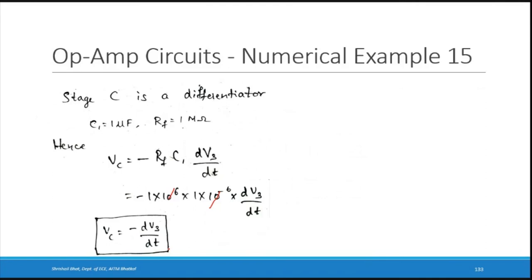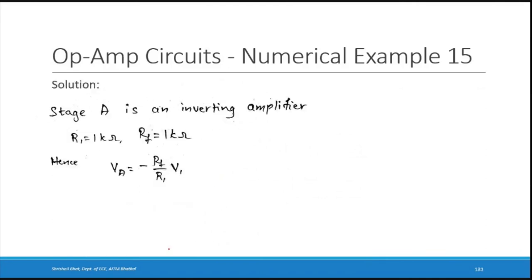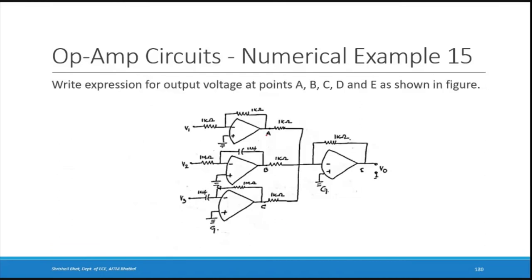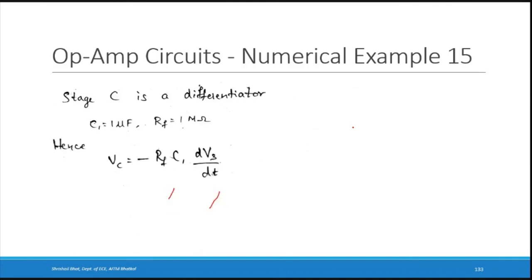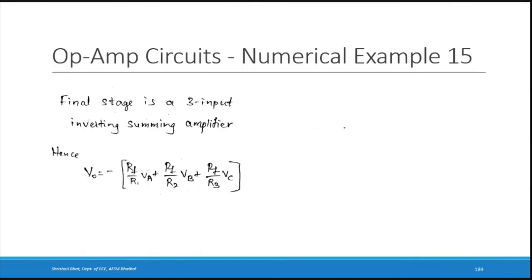Then the last stage is a 3-input inverting summing amplifier whose inputs are VA, VB, VC, and resistances R1, R2, R3, RF all equal to 1K. The final stage output is minus of RF by R1 into VA plus RF by R2 into VB plus RF by R3 into VC.